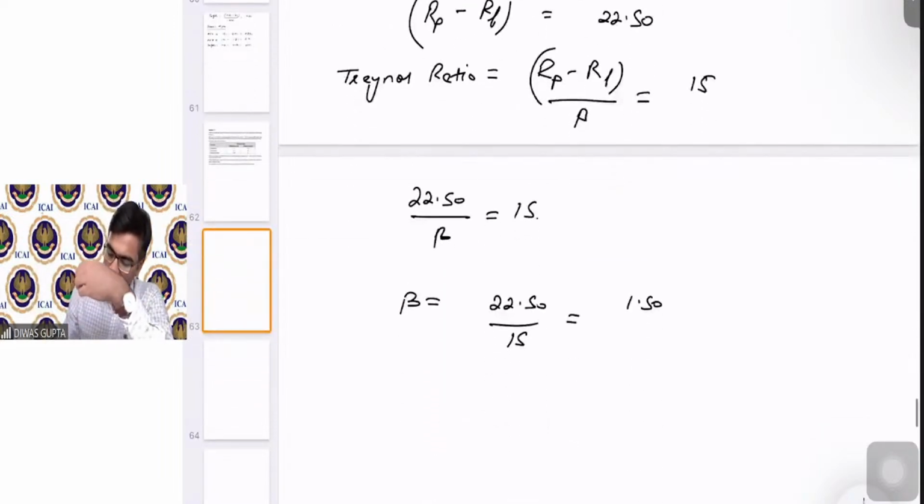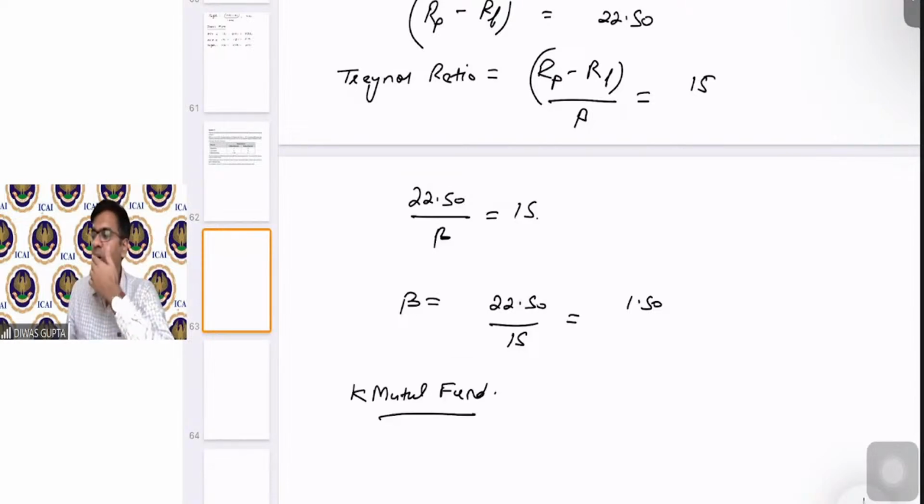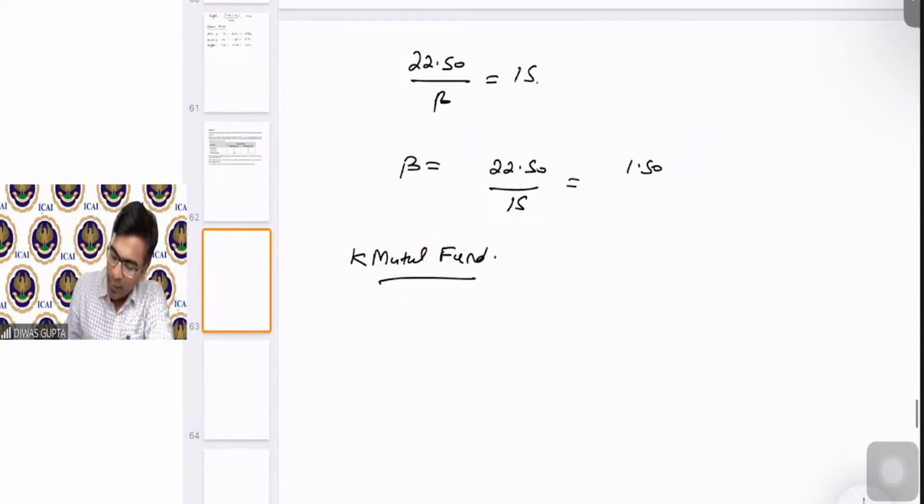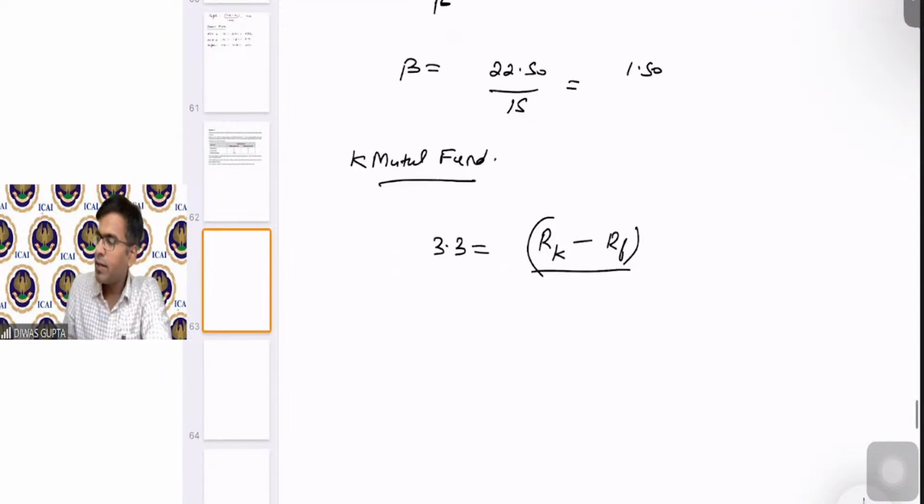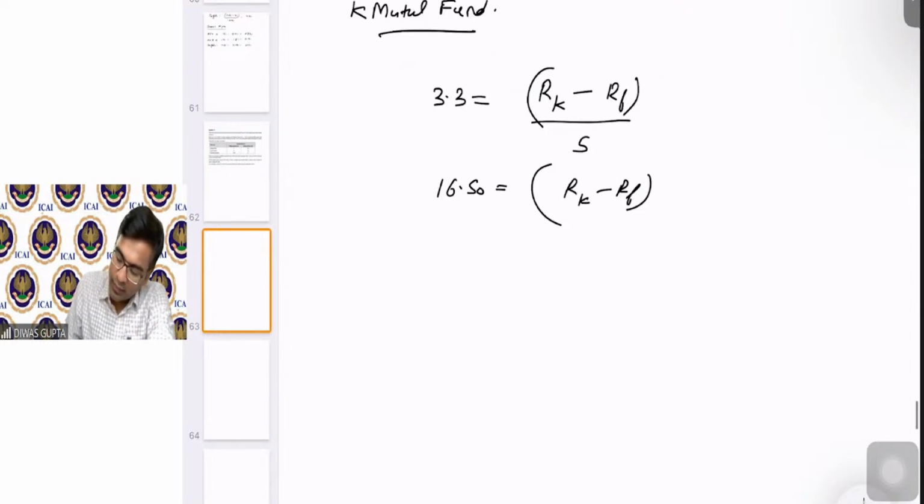Similarly for K mutual fund. For K mutual fund, 3.3 was equal to, I can say RK here instead of RP, RK minus RF divided by the standard deviation of 5. That gives 16.5, RK minus RF. Correct?